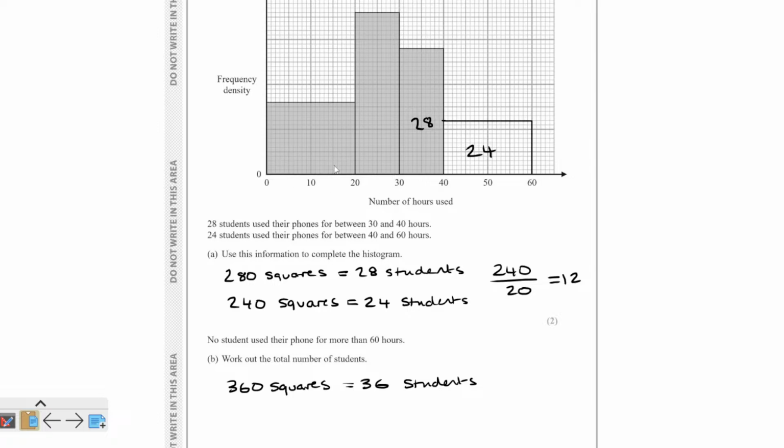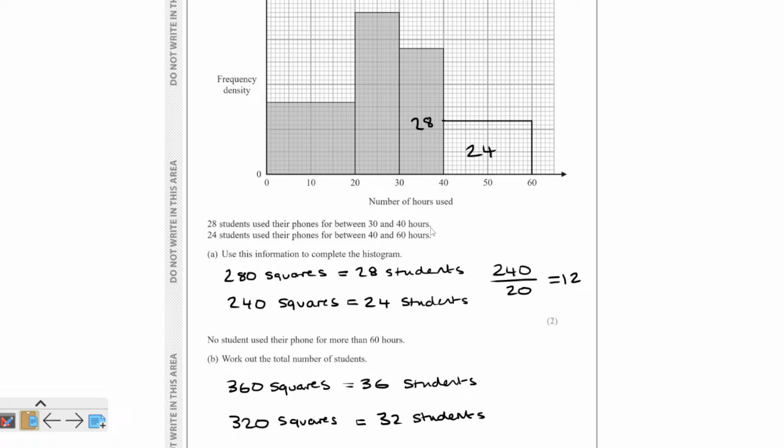And then this first one is 20 across. And how many have we got? 10, 15, 16? So 16 times 20 is 320. And that would be 32 students.